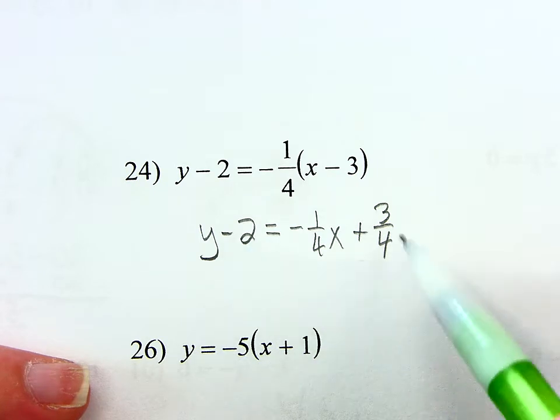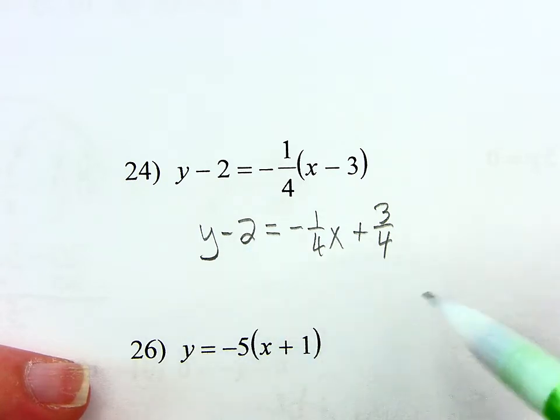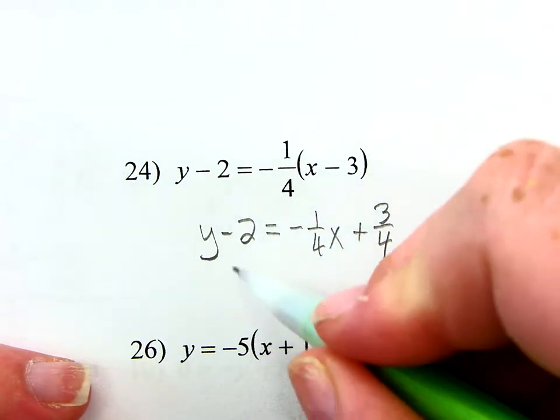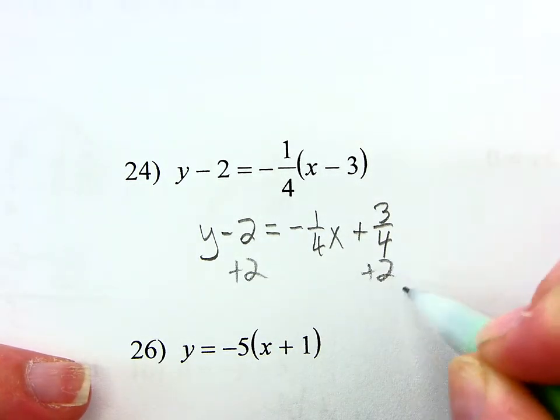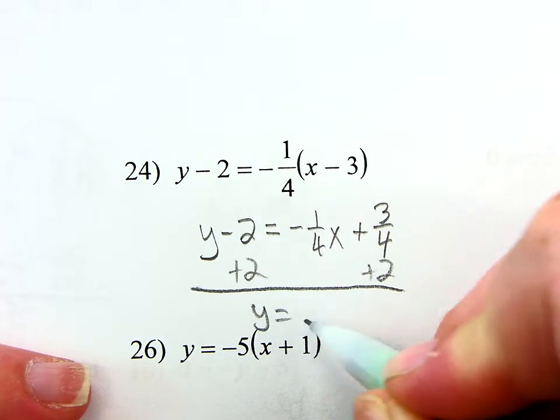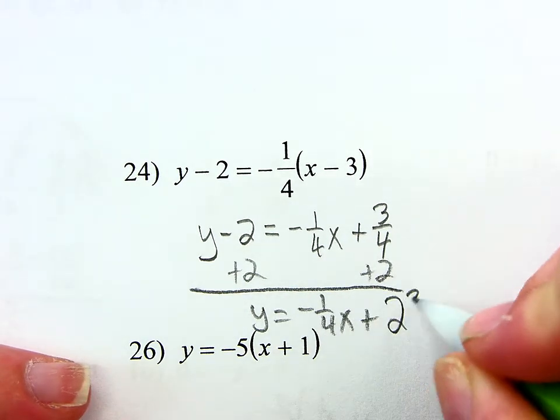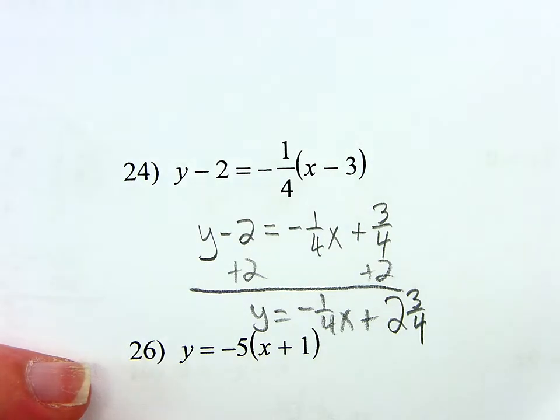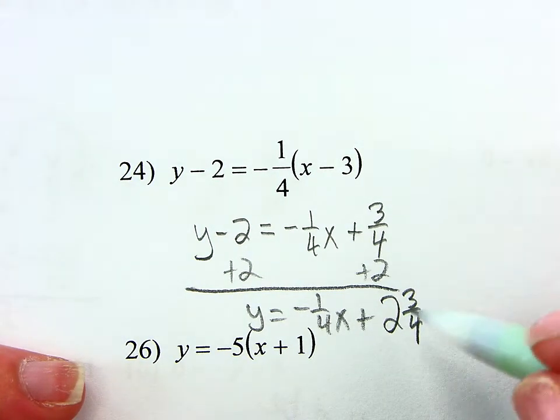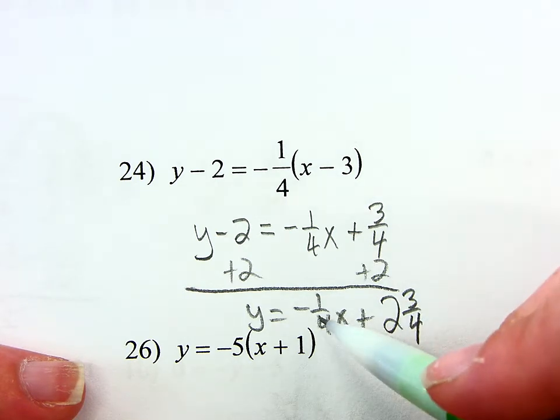If it was a more annoying fraction, maybe I would cancel the fraction and then work my way back. But this one's not so bad. If I just add 2 to both sides, I get y equals negative 1/4 x plus 2 and 3/4. I don't care if your y-intercept is a mixed number. That's fine, but you would never give your slope as a mixed number.